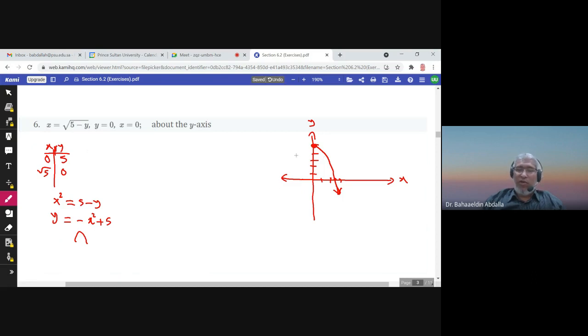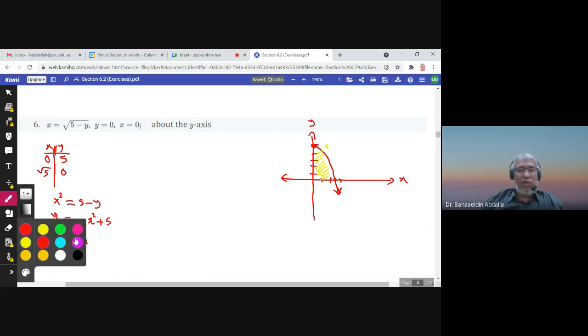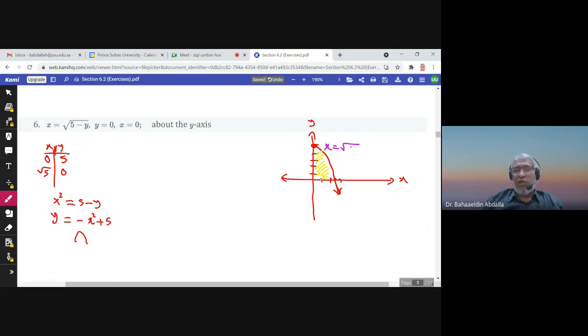You can continue graphing all the parabola, but this region is the region we need because it is bounded by this curve, x equals the square root of 5 minus y, and the y-axis and the x-axis, okay? We want to rotate this about the y-axis.